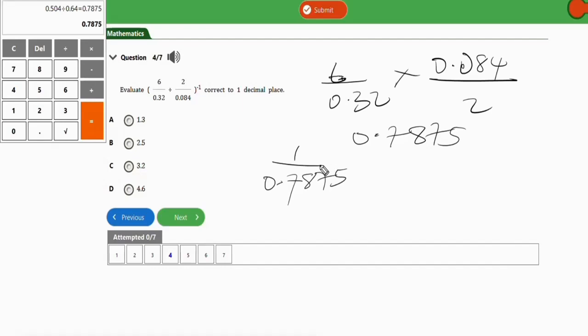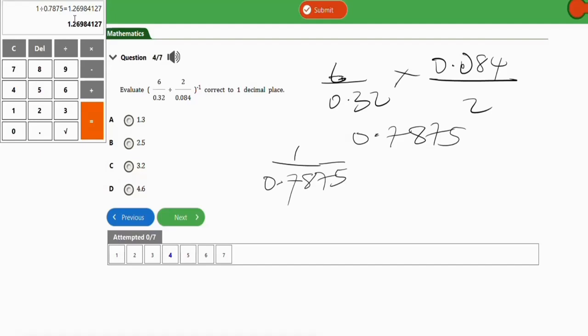So when you punch this on the calculator, it's 1 divide 0.7875. Press equal to, so we have 1.26984127.